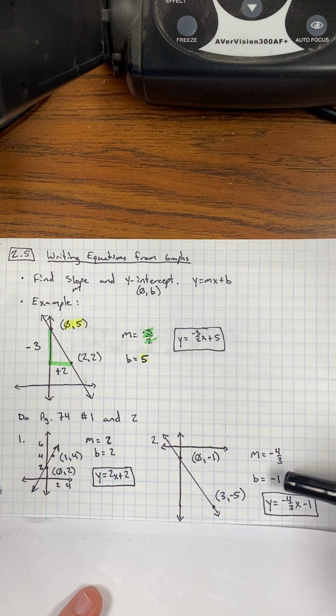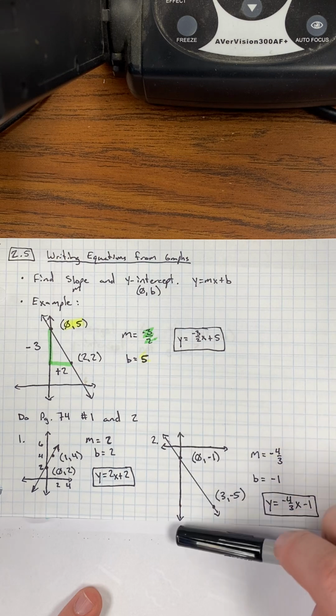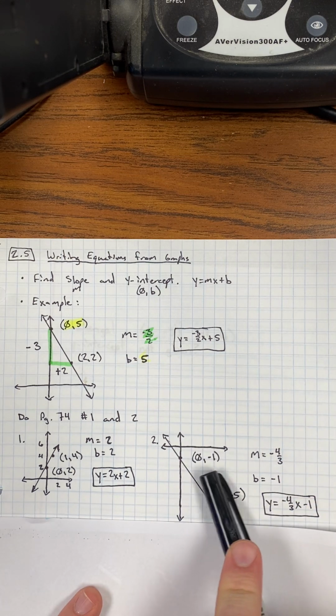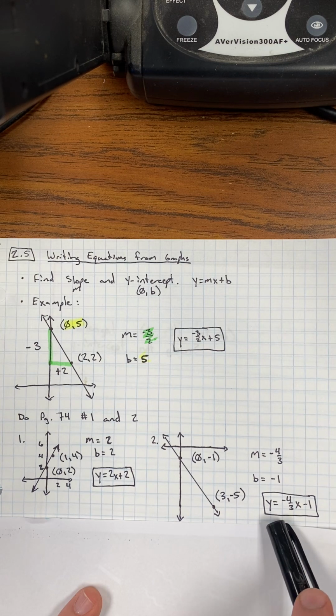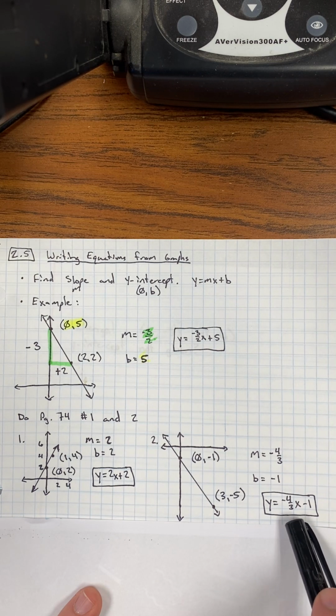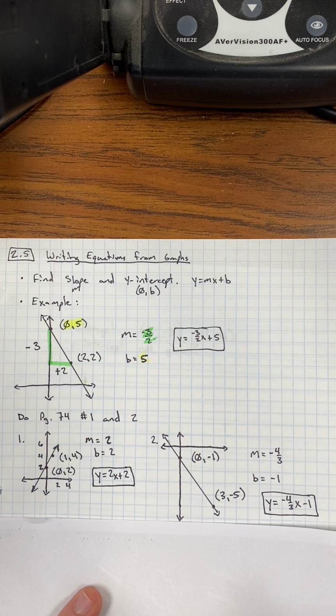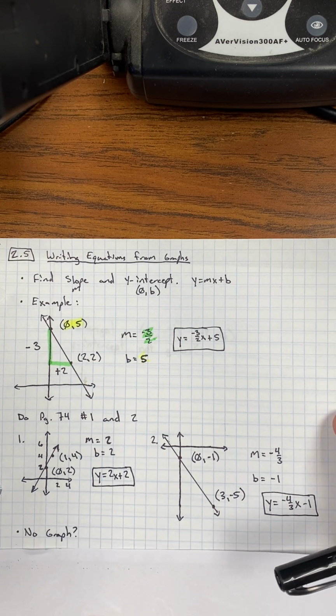And then what's my y value when I'm crossing the y-axis? Well, I'm given that point right here, 0, -1, so I got -1. So when I go to write it, it's now y equals -4/3 x minus 1. I'm not going to put plus -1. I'm just going to put those two things together. The plus negative becomes just -1. Okay? All right, let's move on to the next thing.